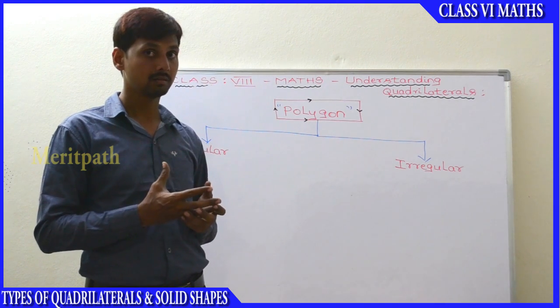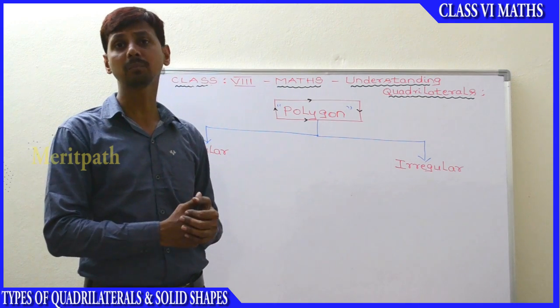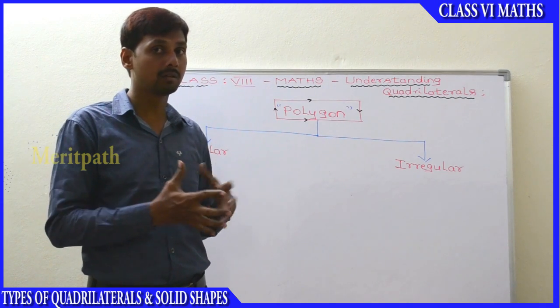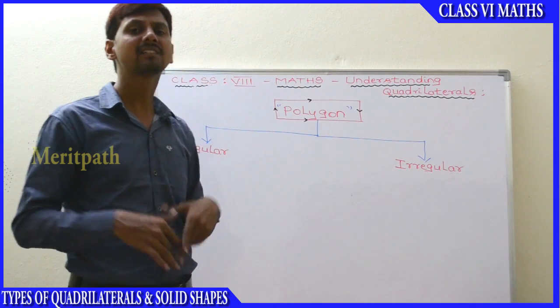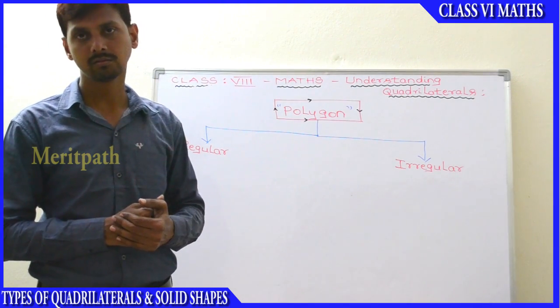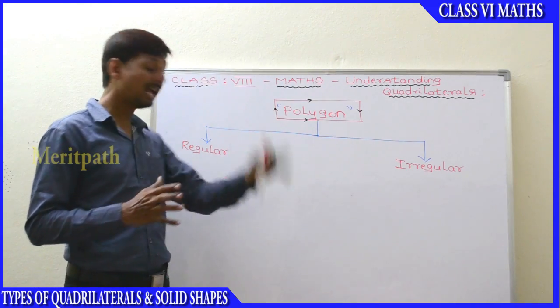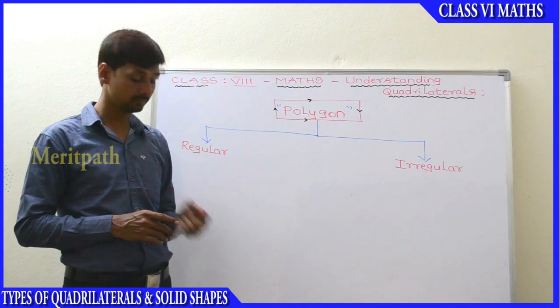For example, square, rhombus, what we have discussed. So what we understood from this is, if all the sides of the polygon are equal, then we call it a regular polygon. If they are different, then we call it irregular. So polygon, regular and irregular.